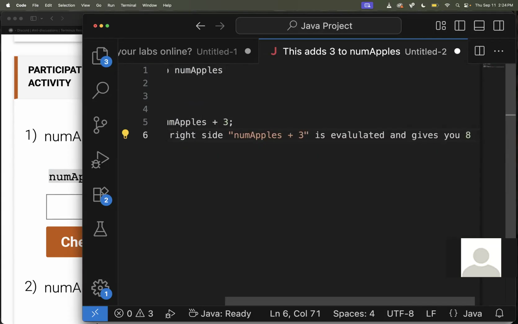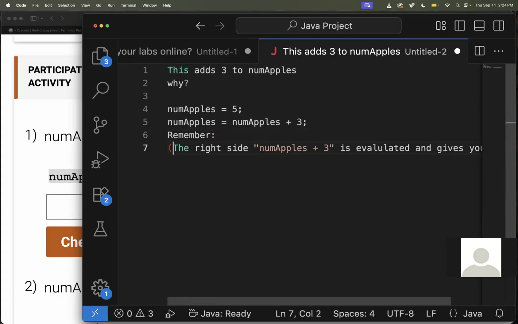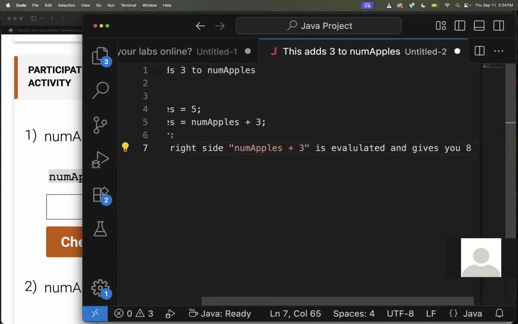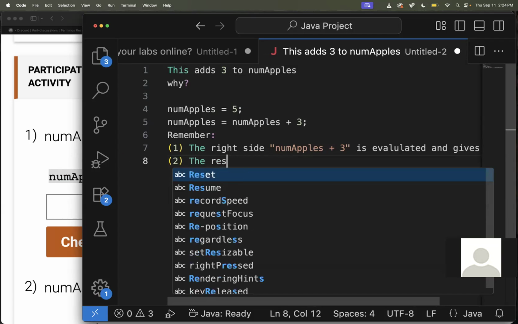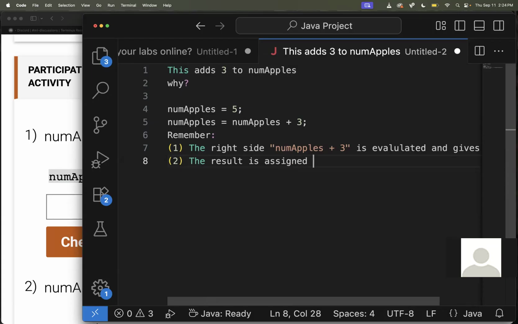So this is like step 1 here. Step 1, the right side is evaluated and you get 8. The second thing that happens is that the result is assigned to the variable on the left. So in this case, we're going to assign an 8 to num apples.